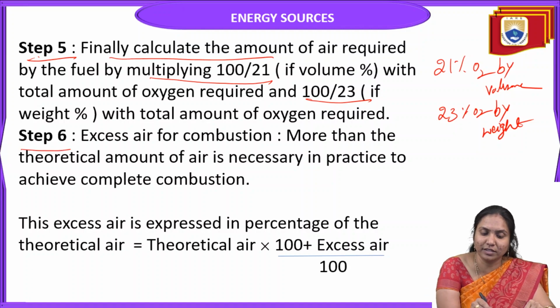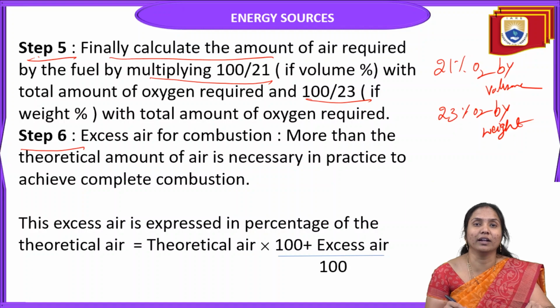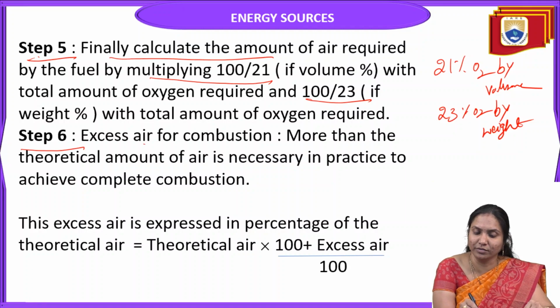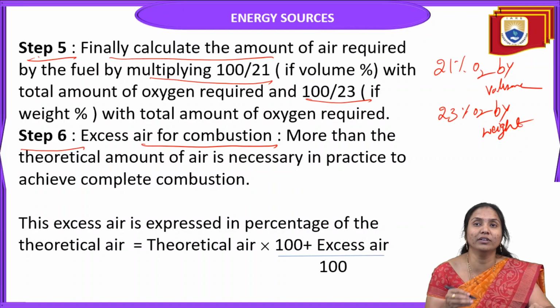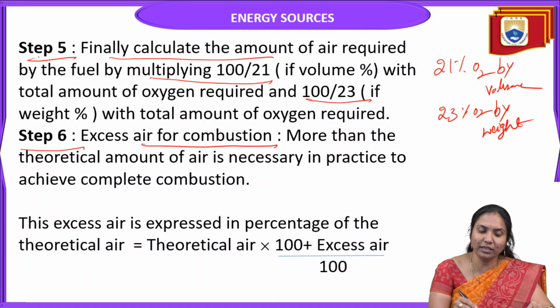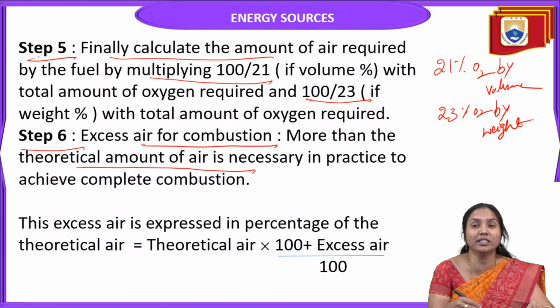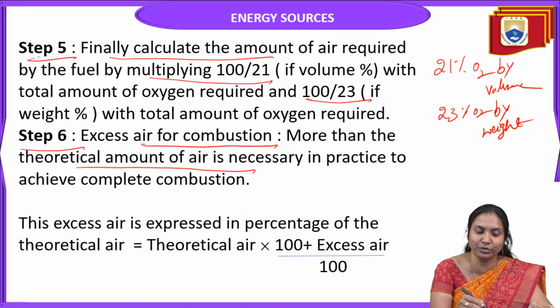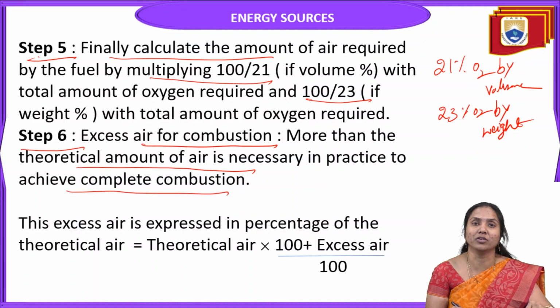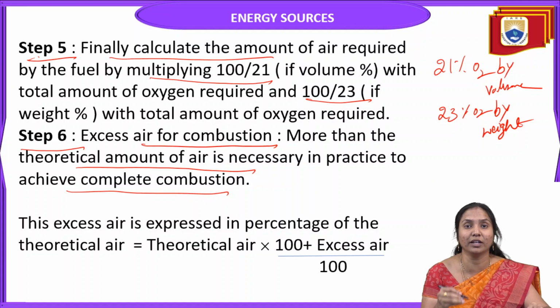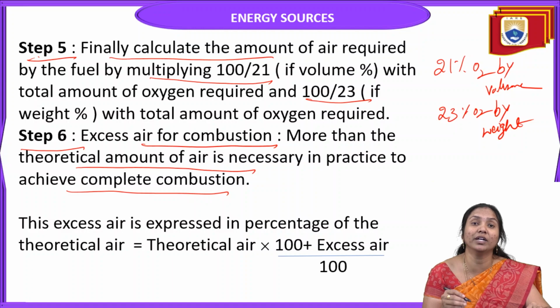Next, step 6 is excess of air. Excess air for combustion. More than the theoretical amount of air is necessary in practice to achieve complete combustion. It is most important: excess air is required, a necessary air supply for complete combustion of the fuel burning.